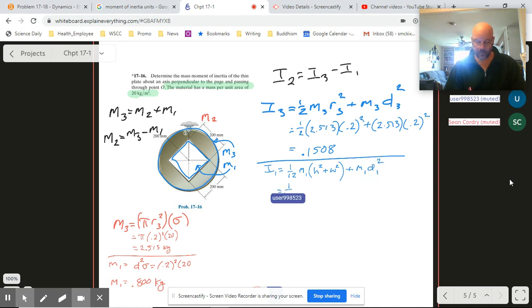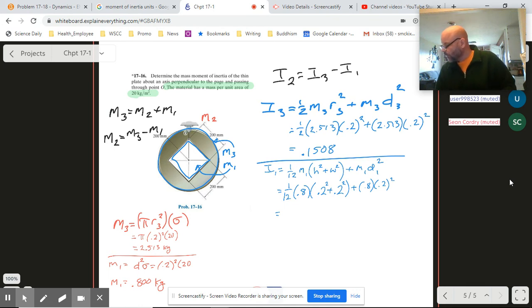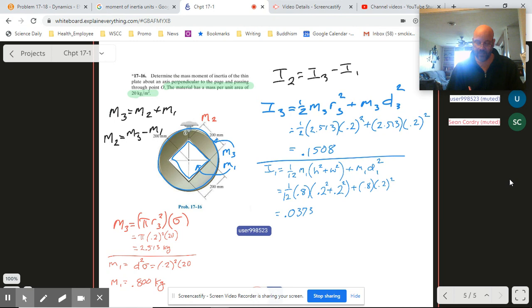So plug in our numbers. Our mass here was 0.8. 0.2 squared plus 0.2 squared plus 0.8 times 0.2 squared, and that gave us 0.0373.